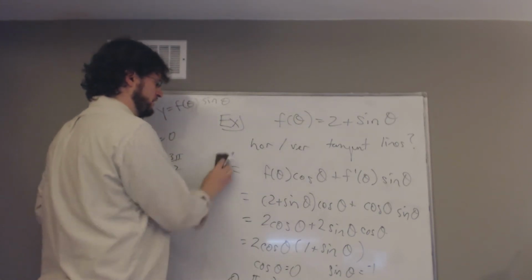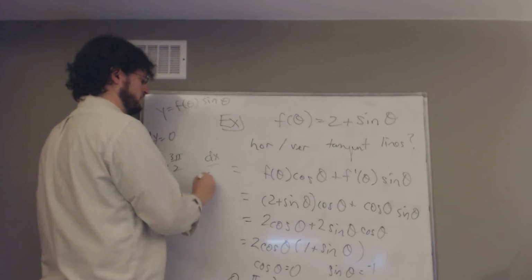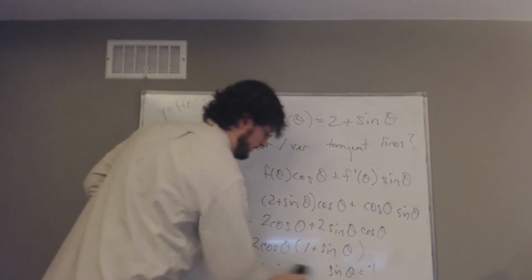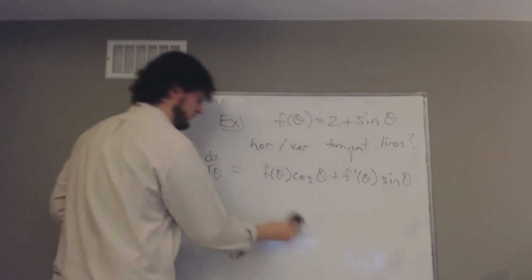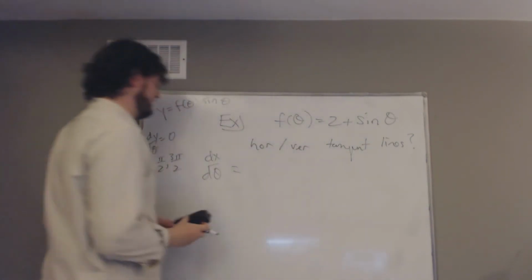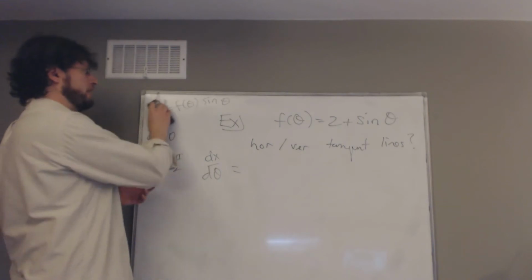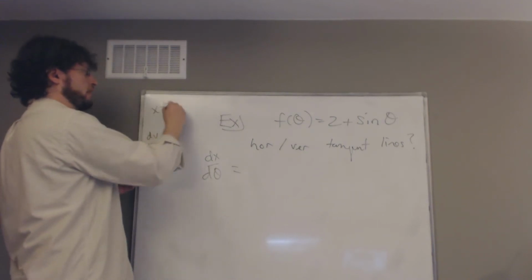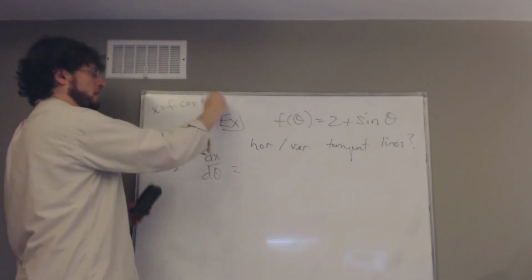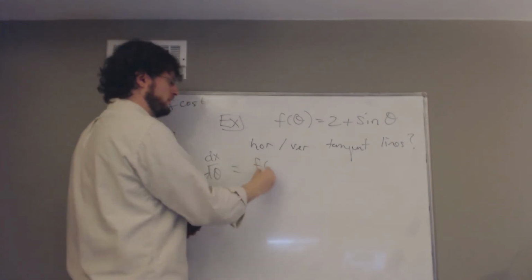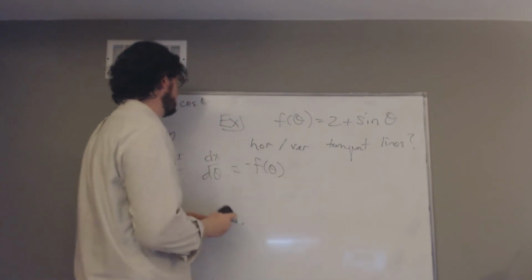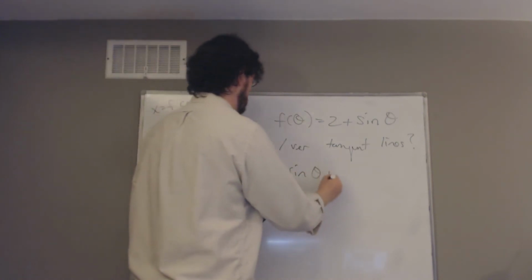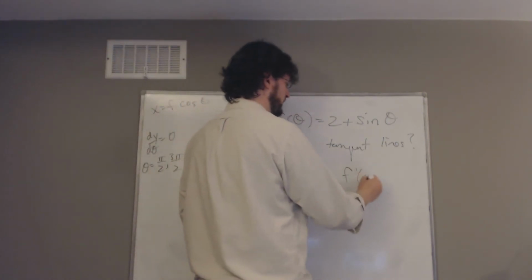What about dx? Dx d theta is, since x is f cosine theta, the derivative is the first times the derivative of the second, which is minus sine, plus the second times the derivative of the first.